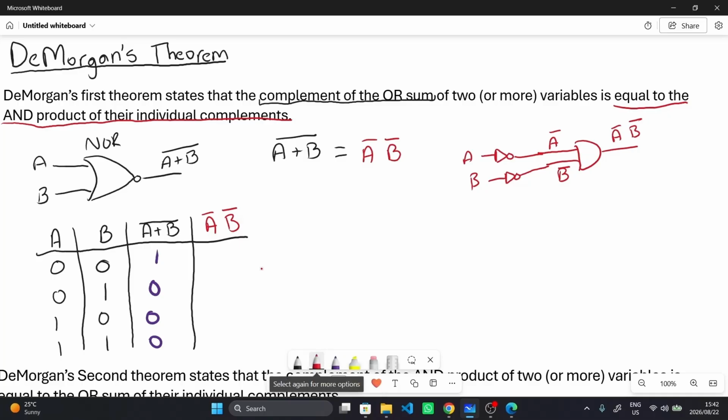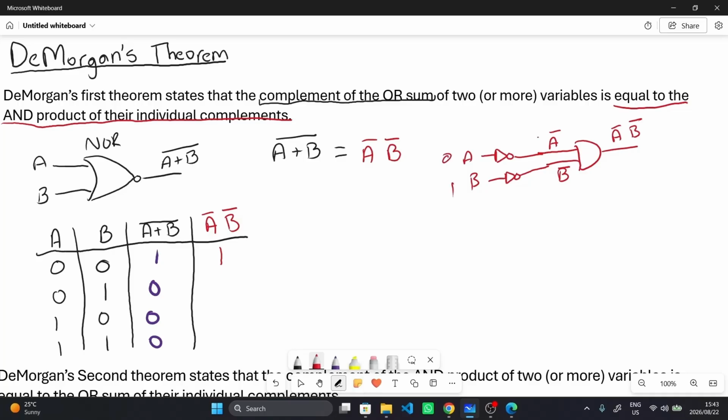And let's check if this one also gives the same output. So if we have A and B here, so if we input 0, 0, right? So 0 goes in, it's NOT, so that becomes 1. 1 here, so the output will be 1, right? So here we are correct, the output will be 1. Now if we have 0 and 1.